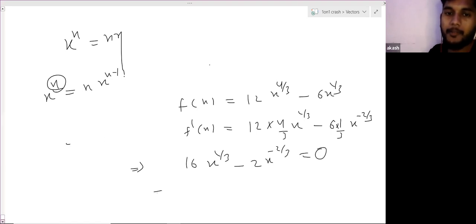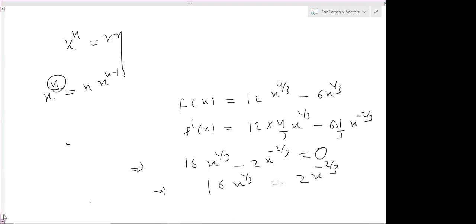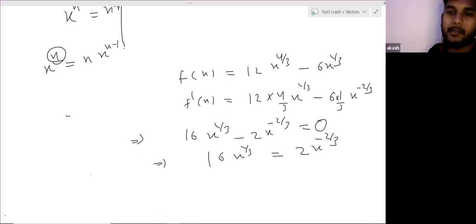Take 1 to the other side. So this minus 2 by 3, can we write it like this? 16 x to the power 1 by 3 equals 2 into 1 by x to the power 2 by 3.